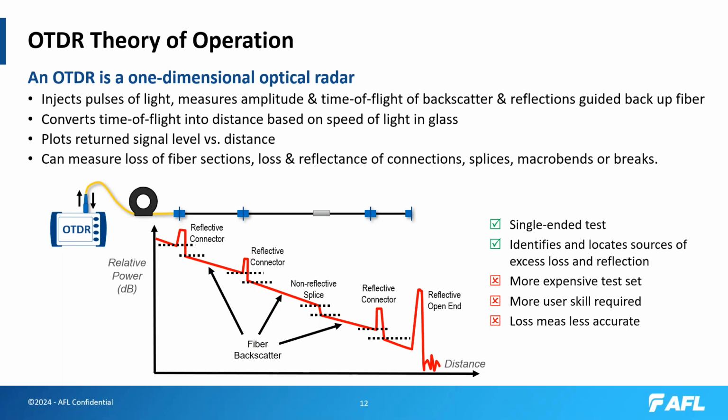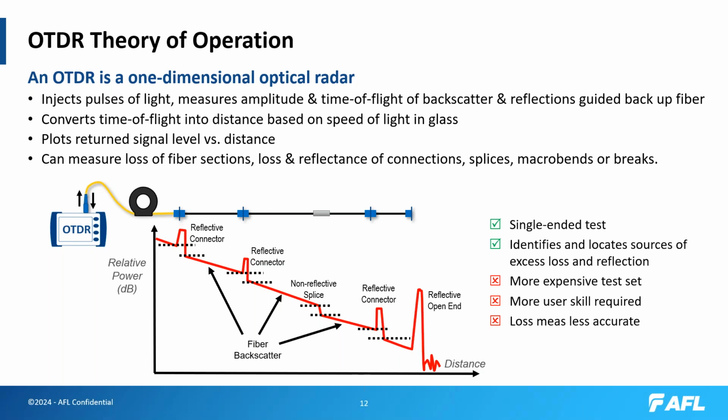And then it will plot the return signal level, or loss in dB, versus distance after converting time to distance. With that, we can measure the loss of fiber sections, the end-to-end loss, the loss and reflectance of the mated connections in the network, the loss of splices, or the loss of macrobends or breaks.